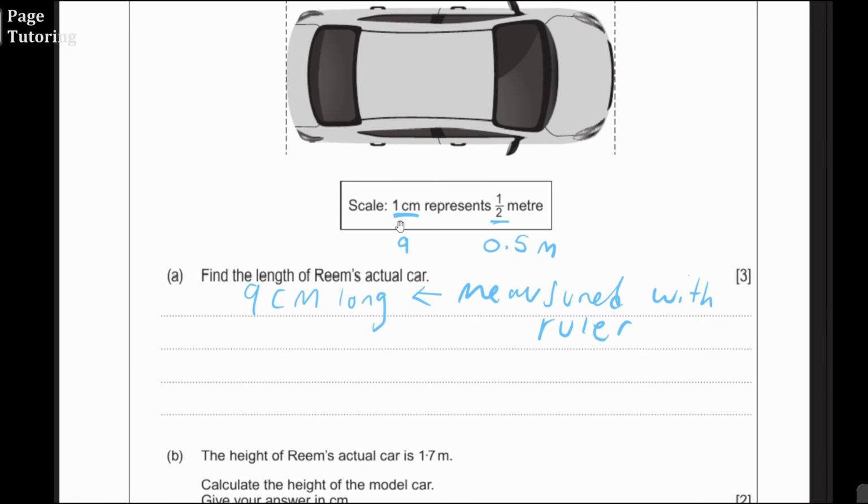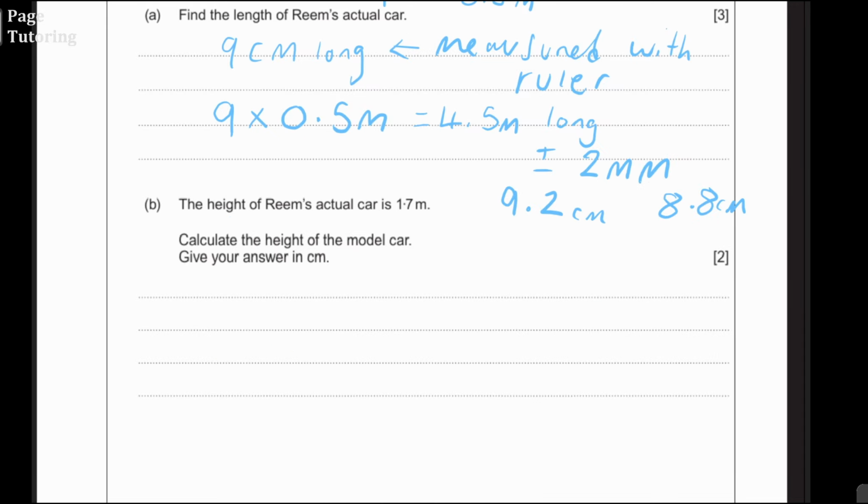Well, because we've got 9 lots of 1 centimetre, that means in real life we would have 9 lots, so 9 times 0.5 metres, which you might know off the top of your head, or you could put straight into your calculator, but that comes out to 4.5 metres long.